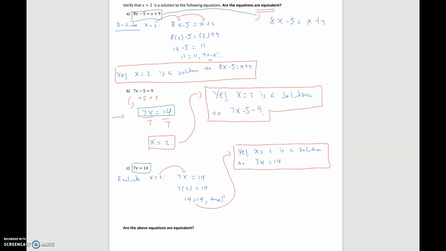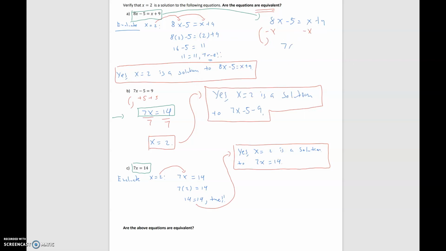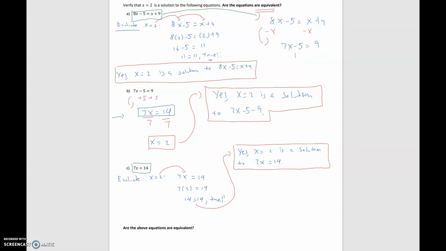If you subtract the x's, you would end up with 7x minus 5 is equal to 9. And adding the 5's, we would end up with 7x is equal to 14.